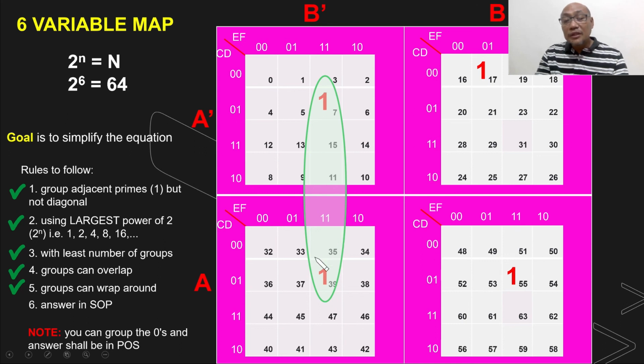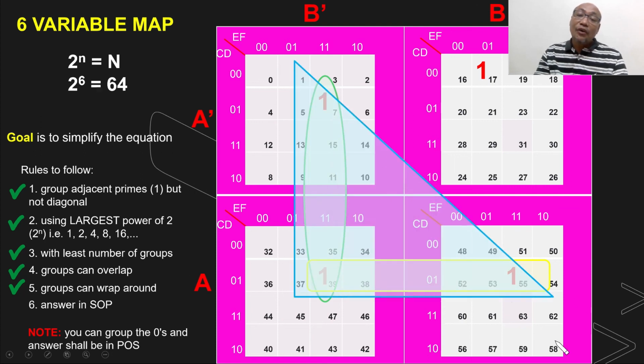So we can group these two together using adjacency and also overlap. Definitely, we cannot group these 3 together because that is already a diagonal. So since this one is a single, we group it as a single prime.